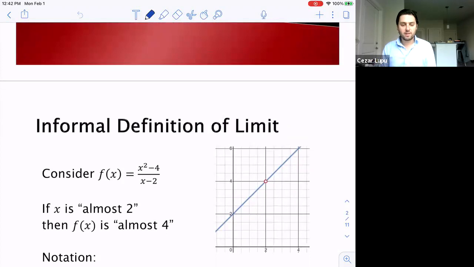Look at it. It's the function f of x equals x squared minus 4 over x minus 2. So this is a rational function, right? If you look at it, can you see something about this function before we even talk about limits? What can you say about this function when you look at it?